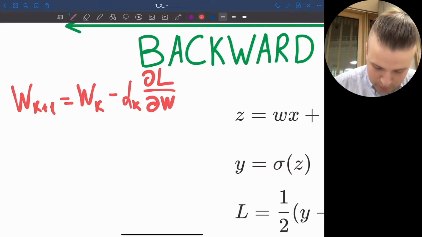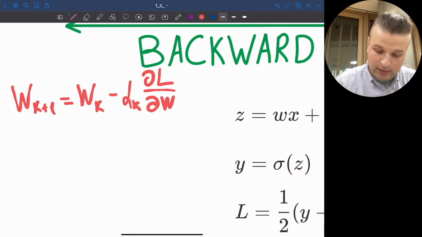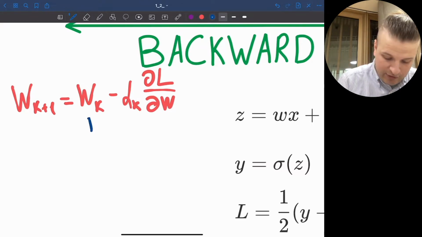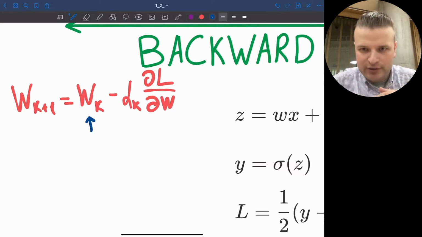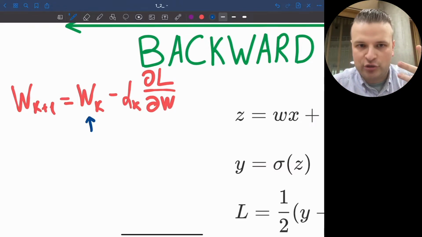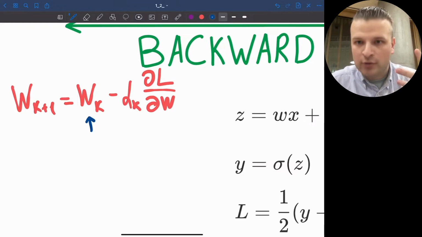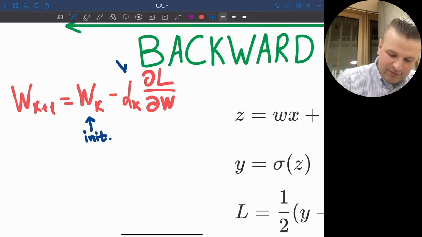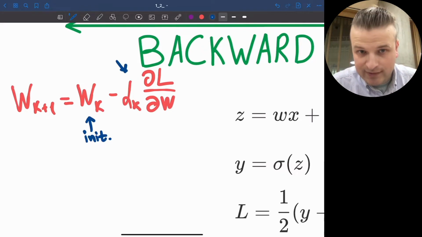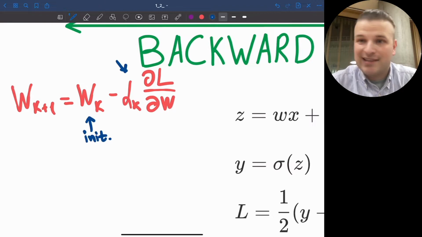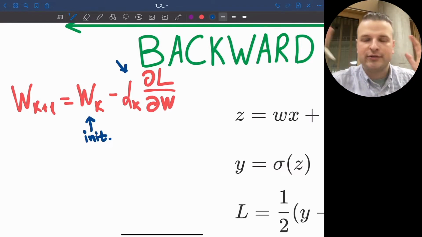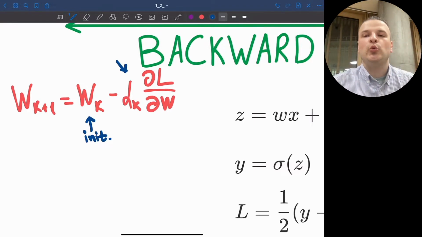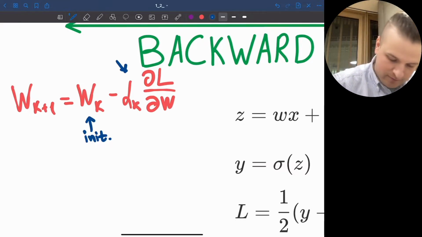Alpha k here, which is the learning rate. And this thing initially is obtained by initialization, right? We have some W0 at the beginning. So this is initialization. This alpha is a hyperparameter here. It should be selected in advance according to some rules and ideas which will be discussed later in our course. This is a hyperparameter.